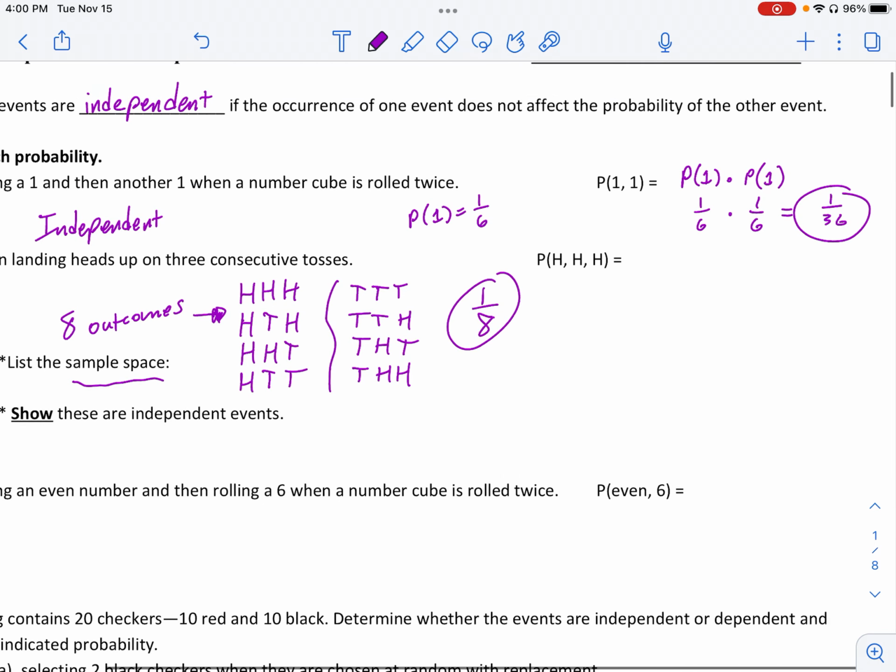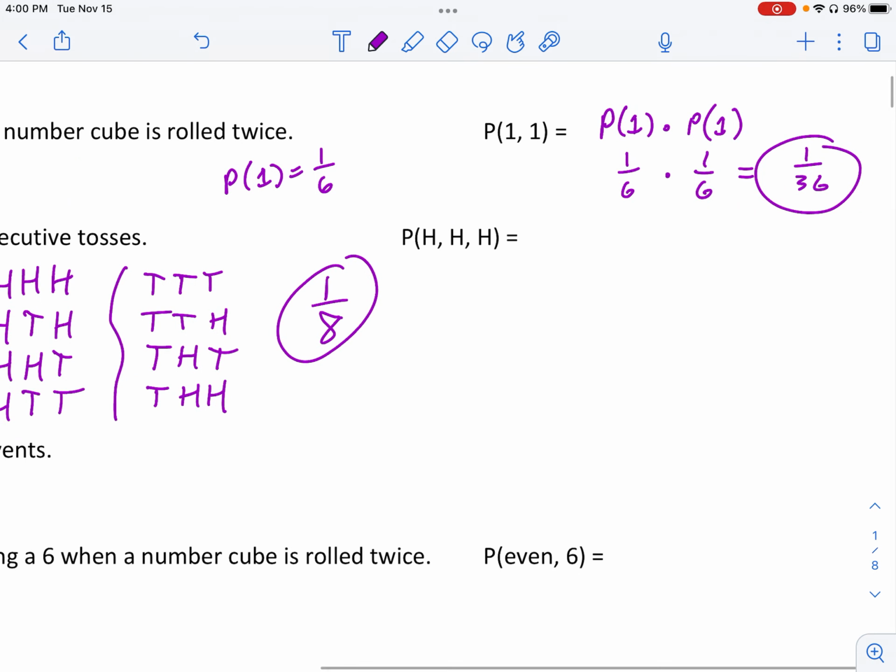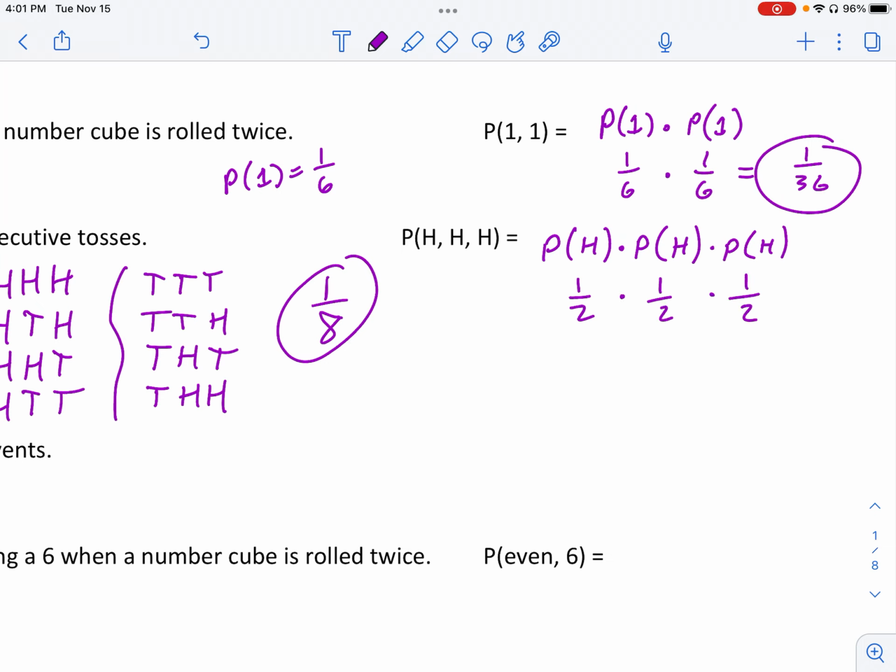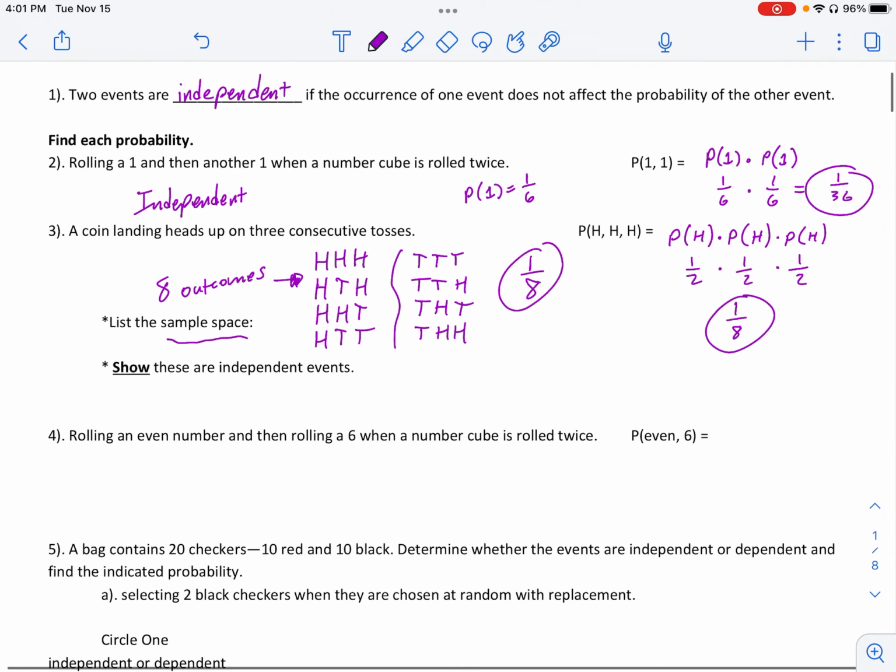Using the rule that we learned in class, if you want back-to-back-to-back events, you simply multiply the probability of all 3. In this case, the probability each time is the same. Each time you toss that coin, it's a half. And 2 times 2 times 2 is an eighth. So it's the same either way.